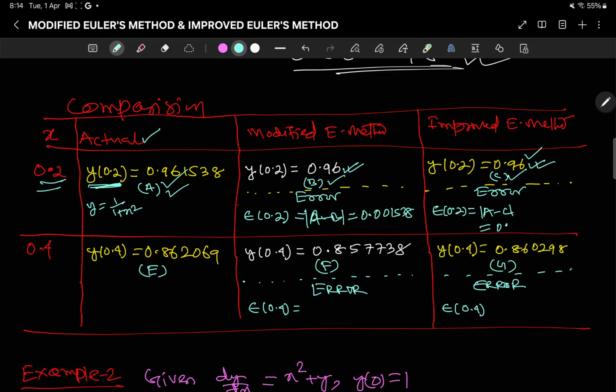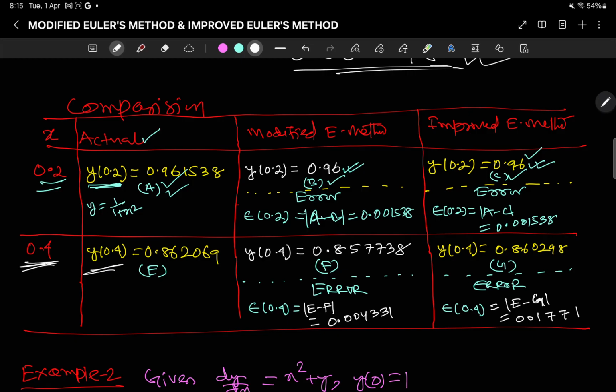So it is 0.001538. However, at level 0.4, the error is e minus f in absolute value, so I am getting this error as 0.004331. And here it is actual e minus numerical by the improved Euler method g, absolute value I am taking. So I am getting 0.001771.